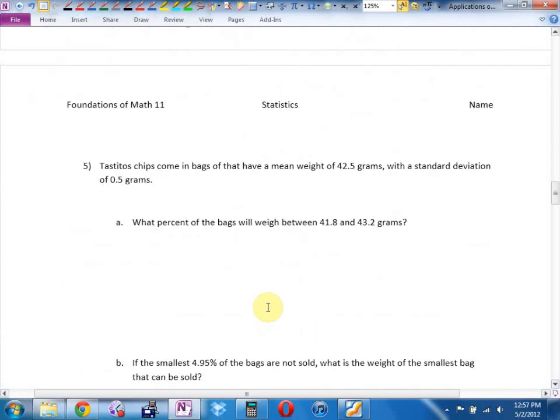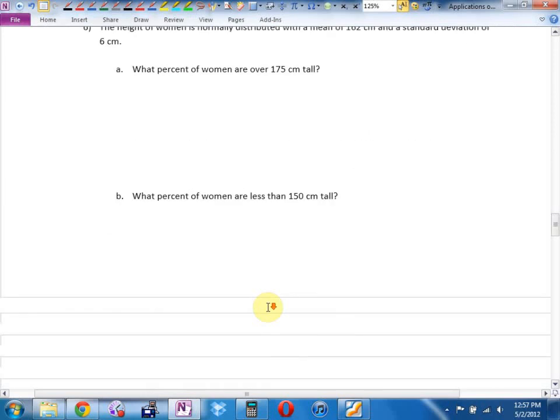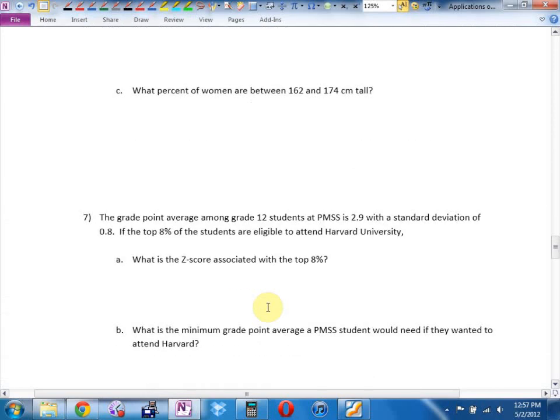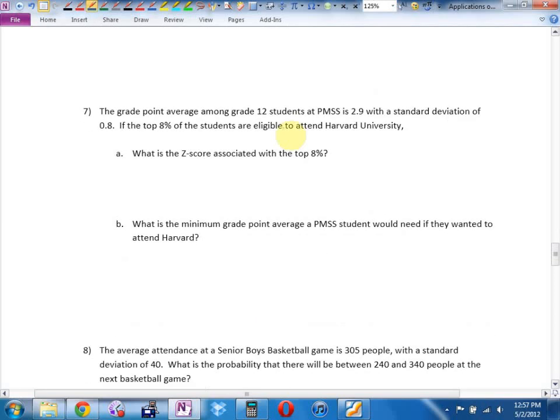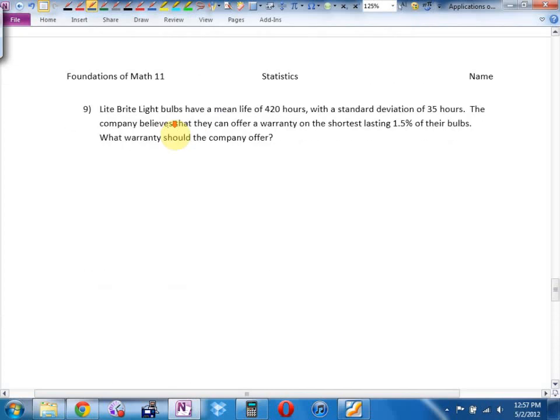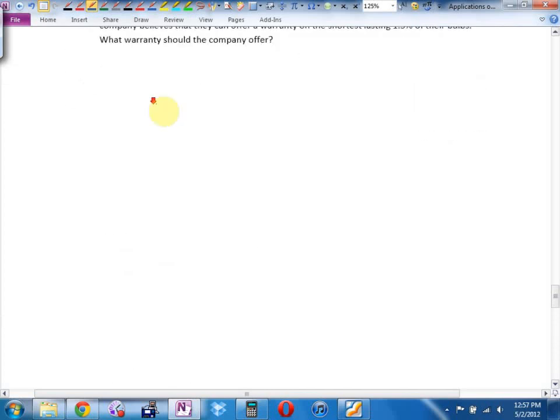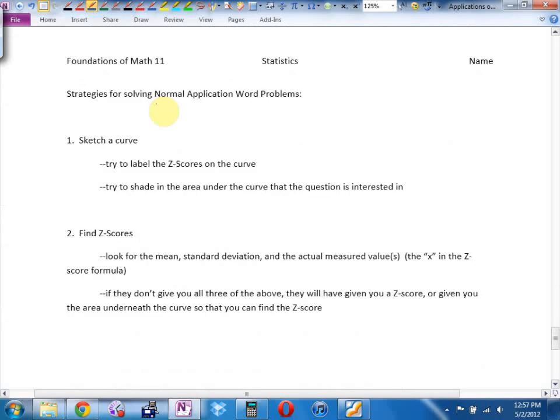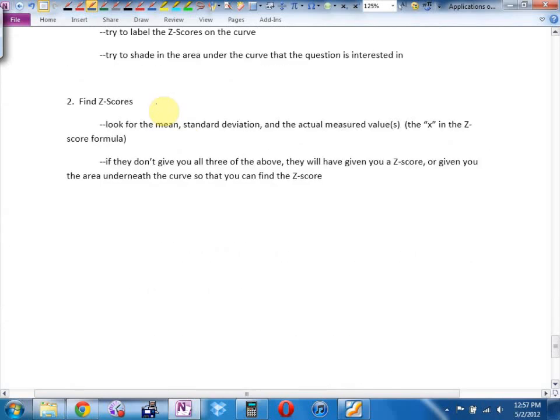So, I have talked a lot, but I'm going to say to you, you can now do all of this sheet and probably know if you're right or not by comparing with the neighbor. Short sketch. Now, if there's questions where they're giving you the percentage, like number 7, like number 9, you can't quite do those yet because I haven't told you how to go backwards.